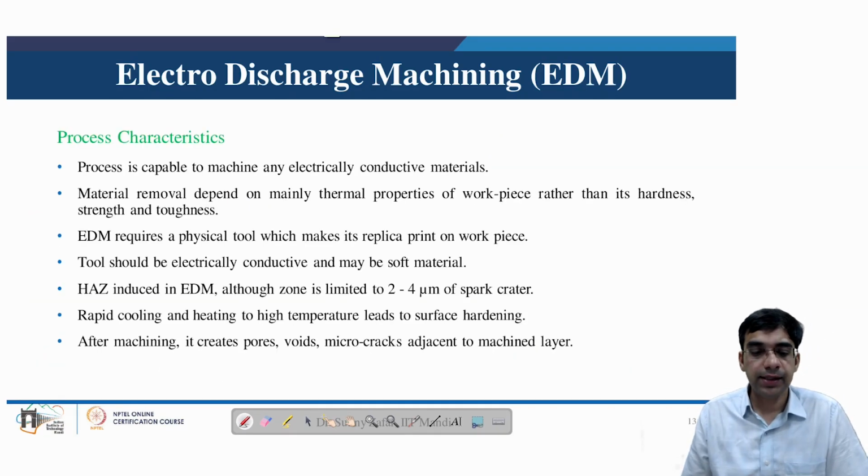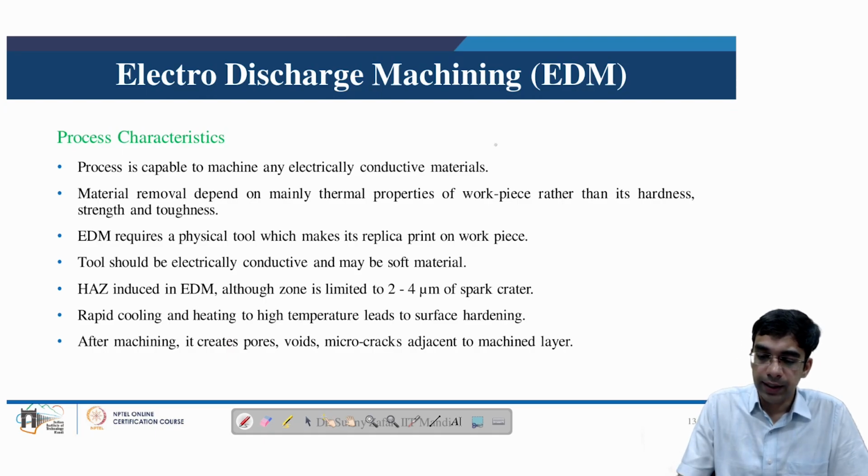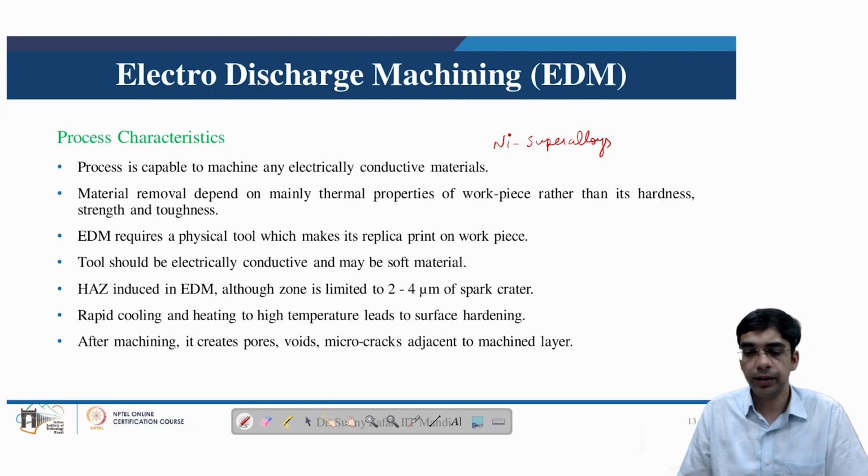So we can summarize the various process characteristics of EDM. This process is capable of machining any electrically conductive material. So our nickel-based superalloys, which are used to make the gas turbine blades, are electrically conductive.